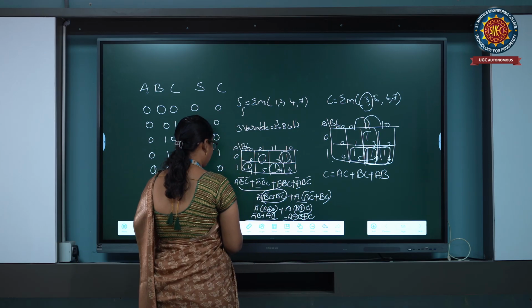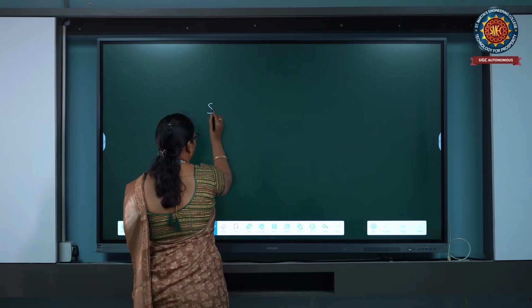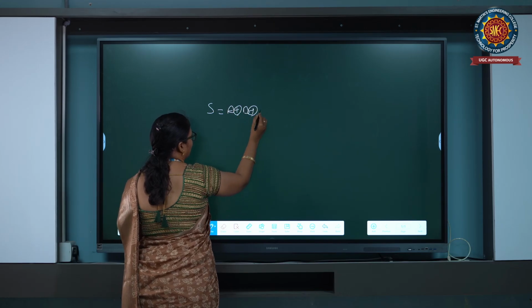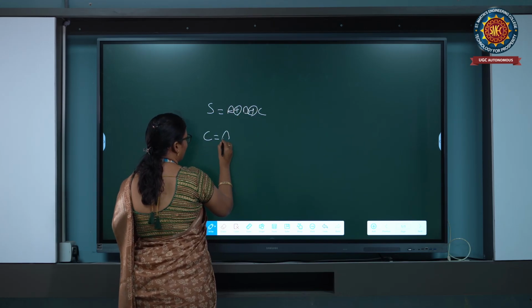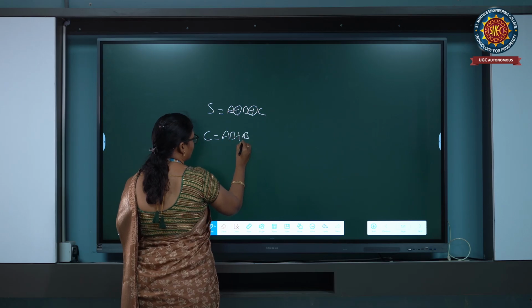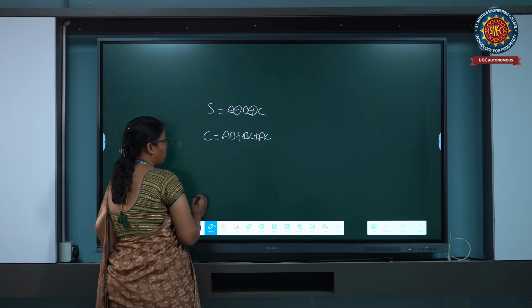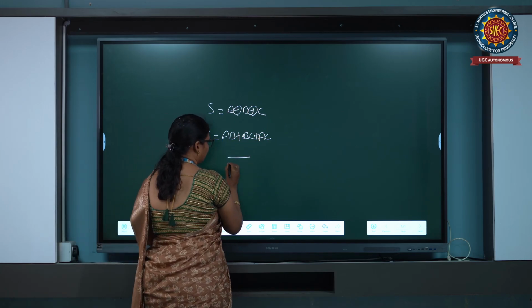Using these two equations, the sum is A XOR B XOR C and carry is equal to AB plus BC plus AC. From these two equations, we can draw the circuit diagram.